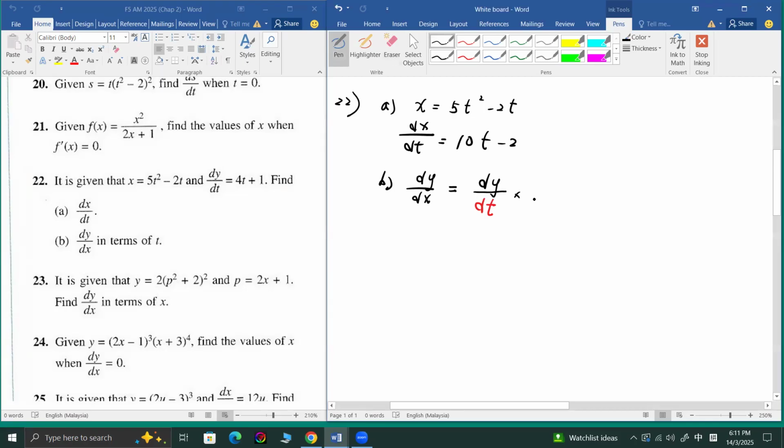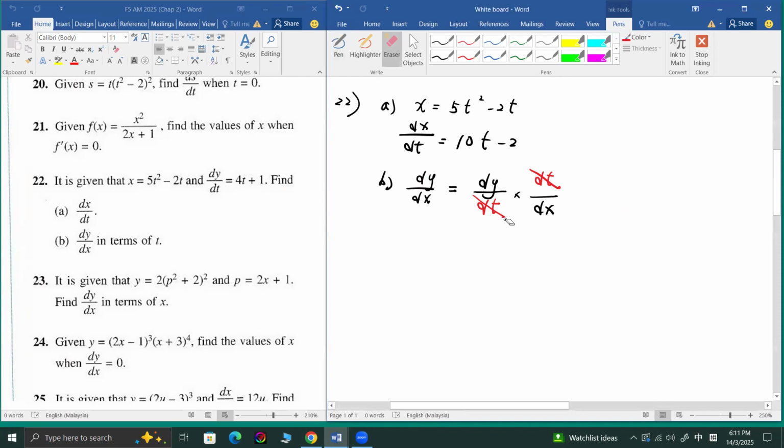Because you want to get dy/dx, I separate it like that. I try to find the relation where these must be the same. If these are the same, I can simplify it to get dy/dx. Can you see given here dy/dt? So if here dt, here also must have dt, so that I can simplify it to get back dy/dx.